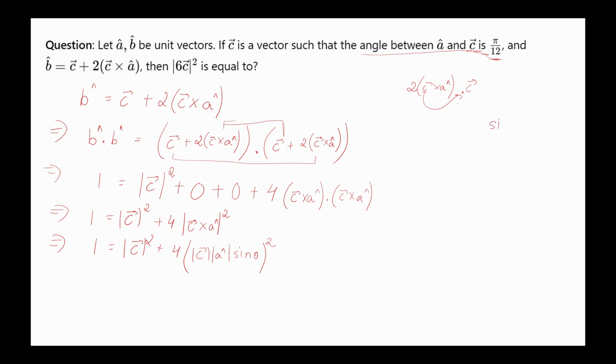Now of course we would be getting sine pi by 12, and pi by 12 is nothing but 15 degrees. Now of course we do not know the value of sine 15 degrees directly, so this would be converted into a square, so we would have sine square pi by 12. What we can say is 2 sine square theta would be equal to 1 minus cos 2 theta. I hope you all remember this thing from trigonometry that we had studied.